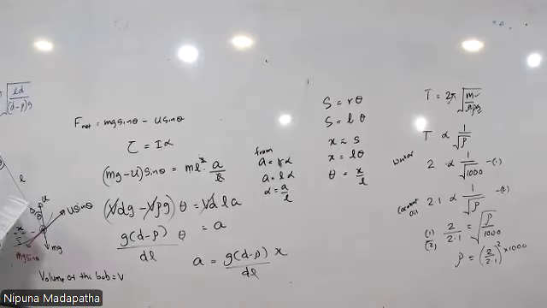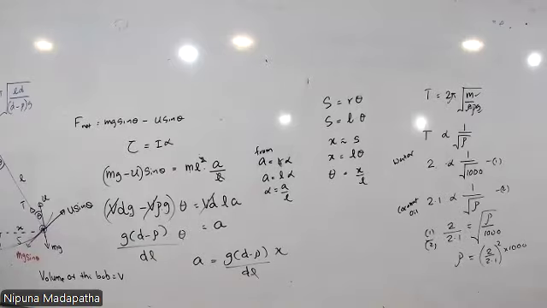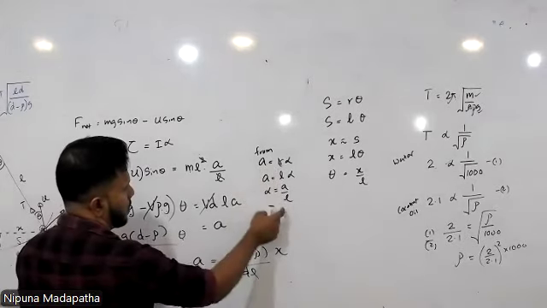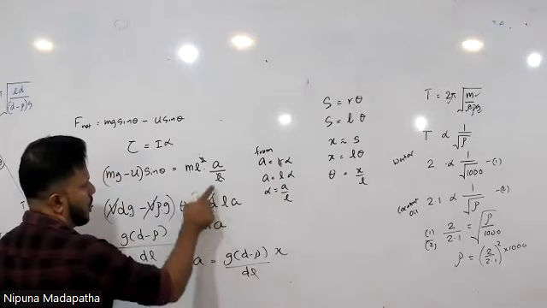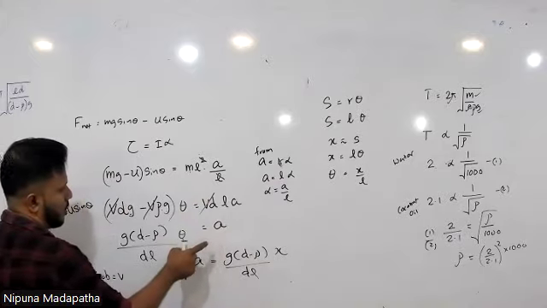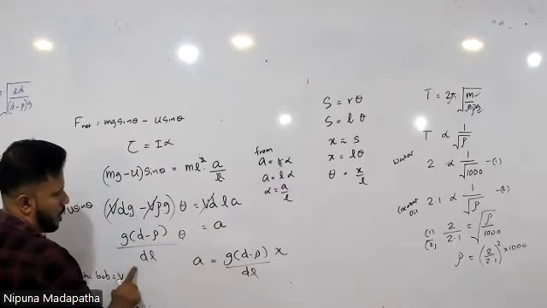Theta is x over L. A over L becomes DL, right?